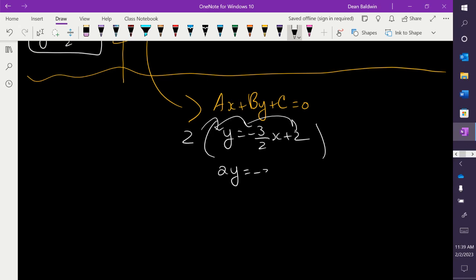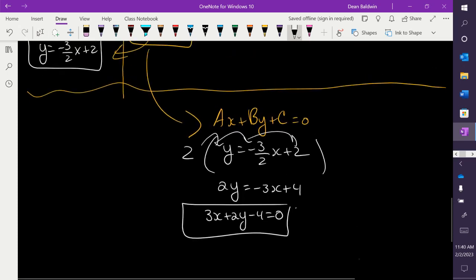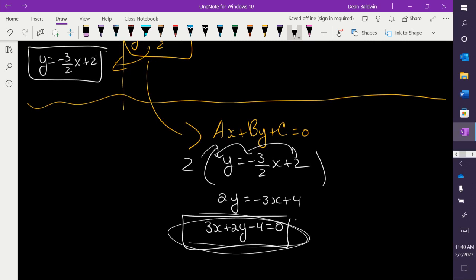It cancels the 2's. Plus 4. To not have negative x's, which side am I moving everything to? The left side. So then it's 3x plus 2y minus 4 equals 0. That's standard form. You can see why people don't like that, especially in grade 10. It just looks a little weird. All the answers in the textbook will be written in that form.